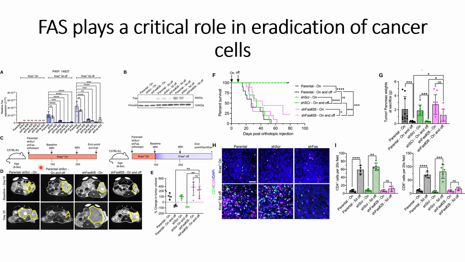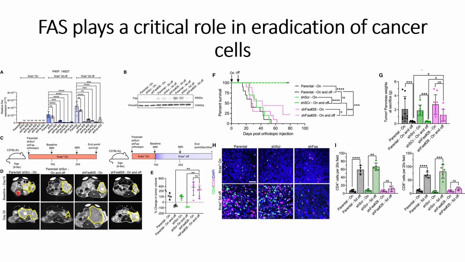And what they found is that in the cases where scrambled RNAs are used, or short hairpin FAS receptors RNAs are used with the KRAS mutations on, and the short hairpin FAS receptors RNAs are used when the KRAS mutations are on and off, we can see the MRI results.